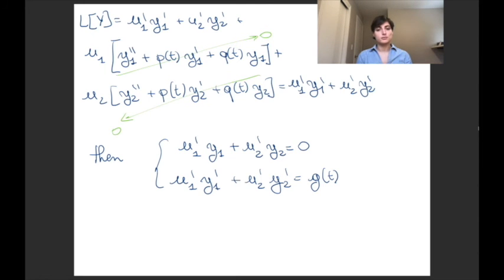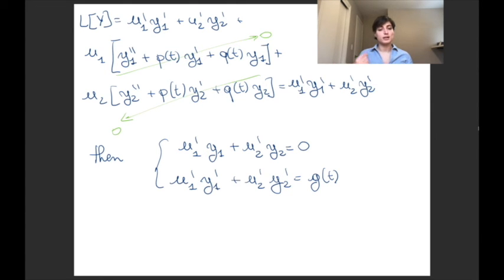That means that we simplified our problem from the general non-homogeneous ODE to the constraint that we added before, that is u1' y1 plus u2' y2 is equal to 0, and this simplification of L applied to y equals our non-homogeneous term.